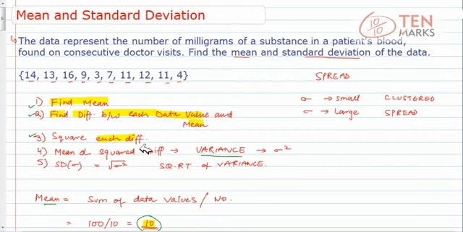Square each of these differences, and then find the mean of these squared differences. This mean is called the variance and is denoted as sigma squared. The standard deviation, or sigma, is the square root of the variance. So once you've found the mean of the squared differences, take the square root of that mean, and what you get is the standard deviation.